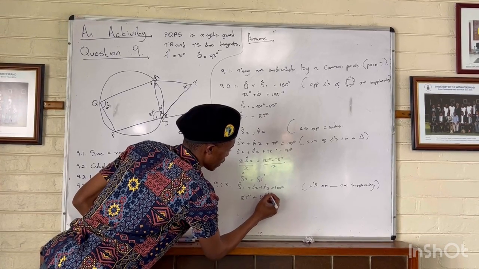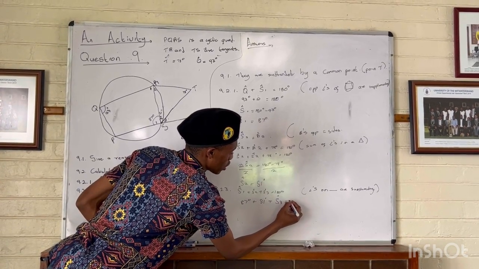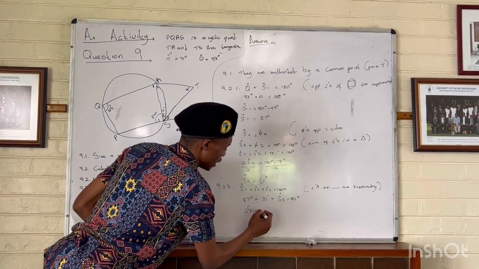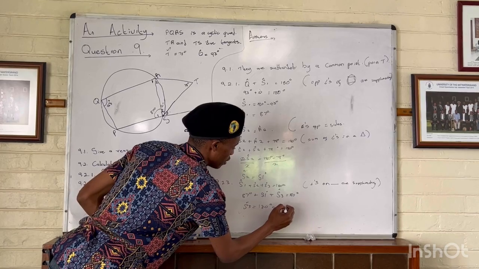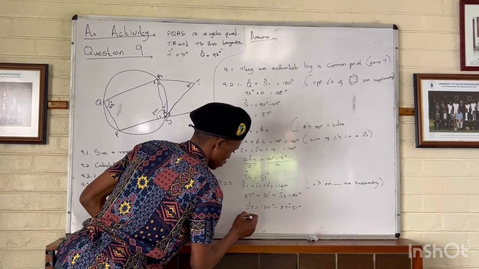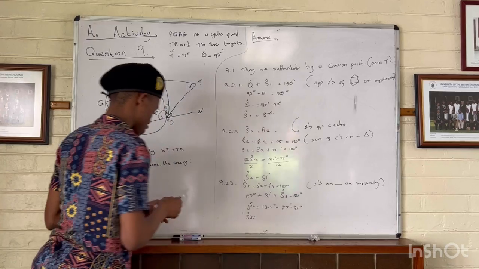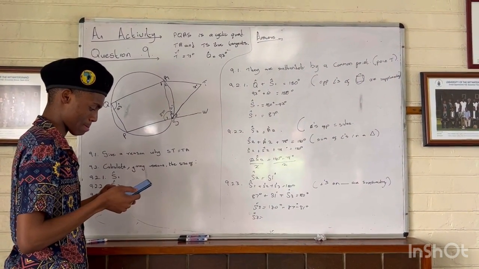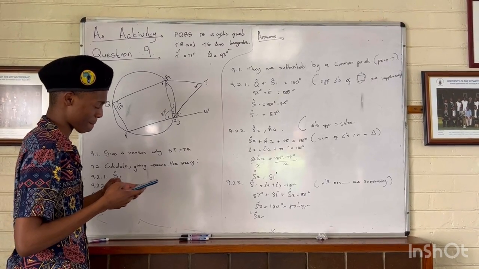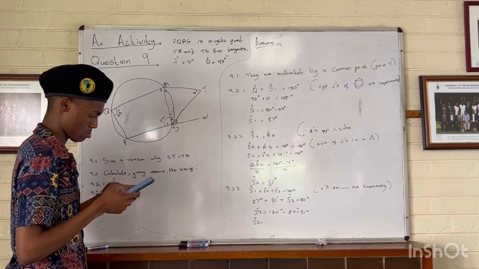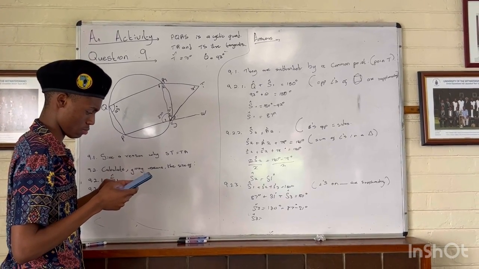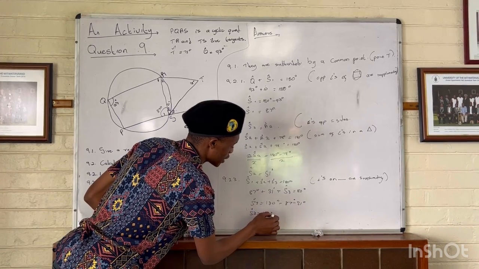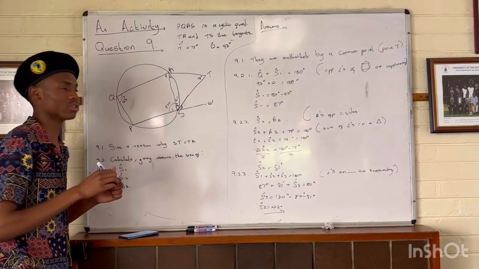Our angle S3 is unknown. It's equal to 180 degrees. Now we can say angle S3 is equal to 180 degrees minus 87 minus 51 degrees. Let's take it together on our calculator. Then S3 is 42 degrees. Then we are done. Thank you.